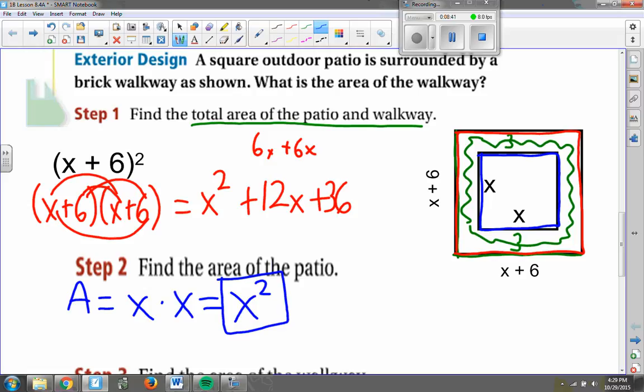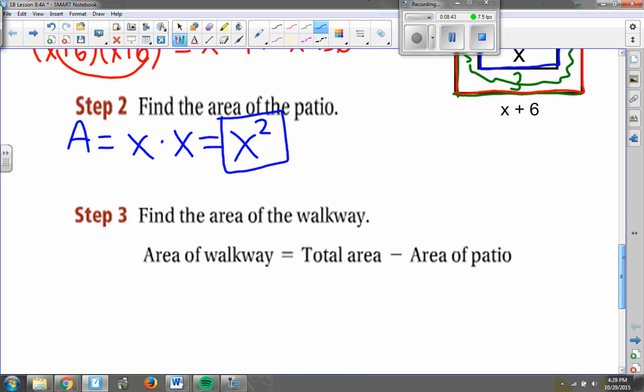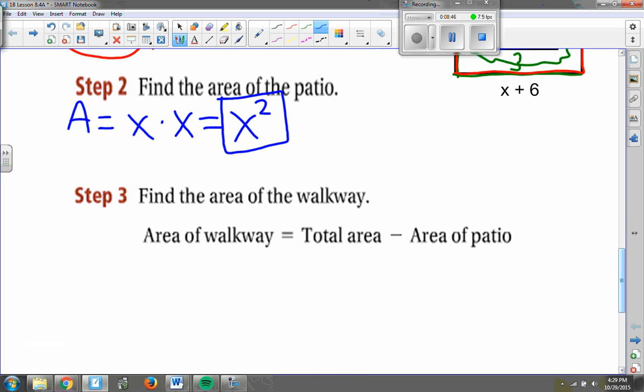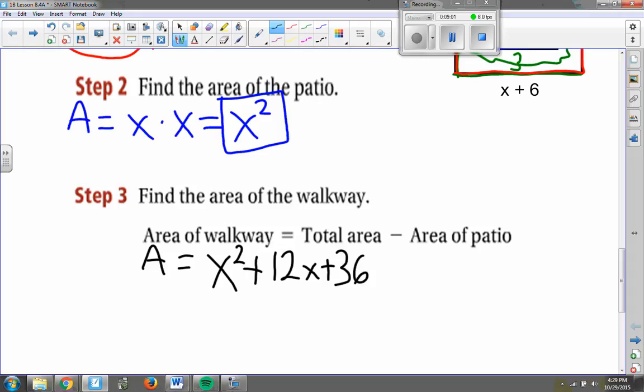Okay. Now all I need to do is subtract the two and I will be done. So area of the walkway, what I'm trying to find, equals total area, which was x squared plus 12x plus 36, minus the area of my patio, which is x squared. Right? Now the only thing I need to do here is to put together some like terms, and the like terms that I see are x squared and x squared.